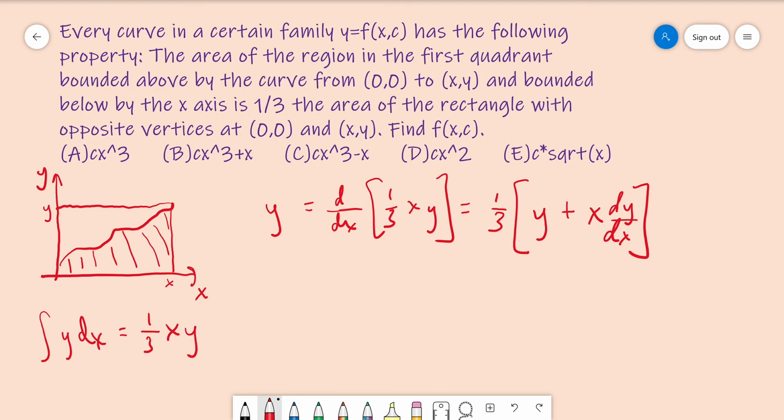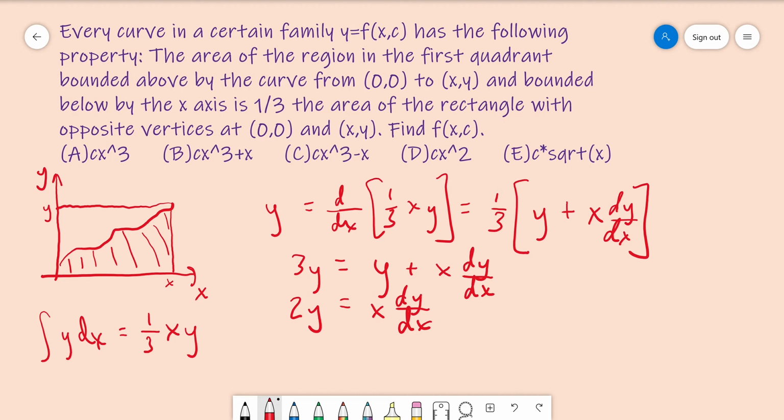And this is what's called a separable equation because you can get all the y's and dy's on one side and all the x's and dx's on the other side. So let's try that. If we multiply both sides by 3, we get 3y equals y plus x dy dx. And then if we subtract y from the left side and the right side, we get 2y equals x dy dx.